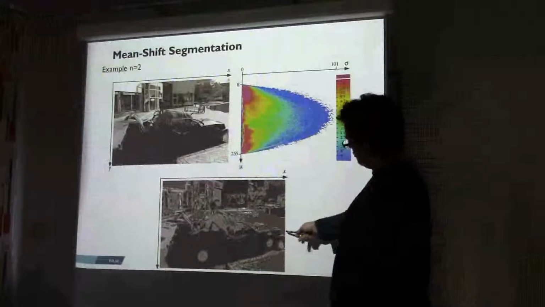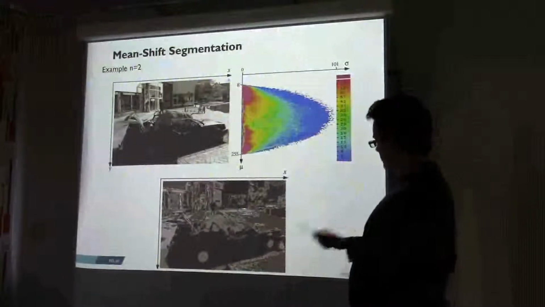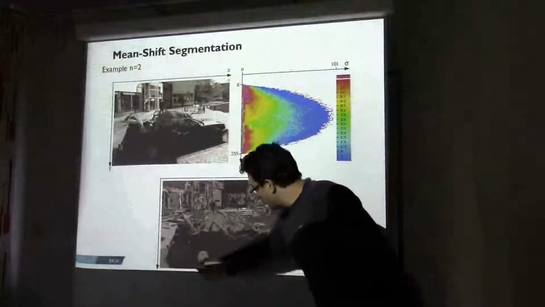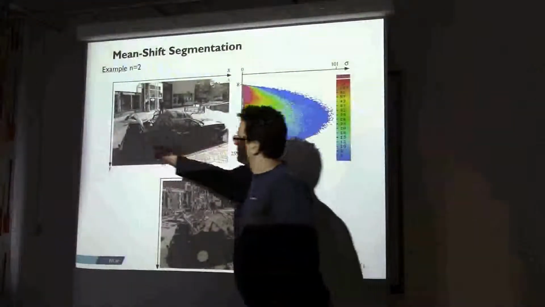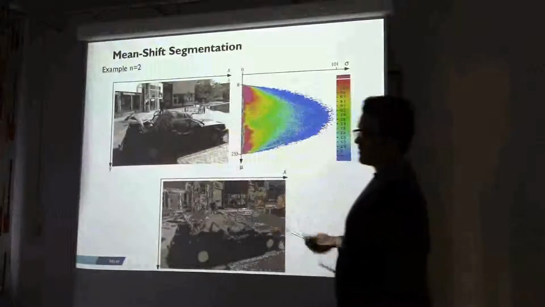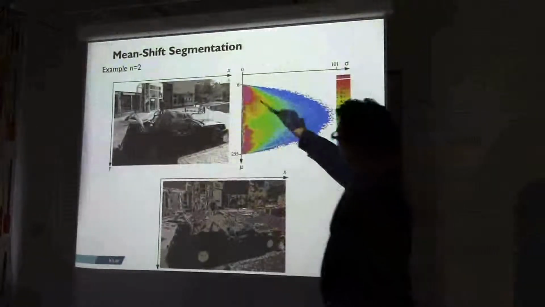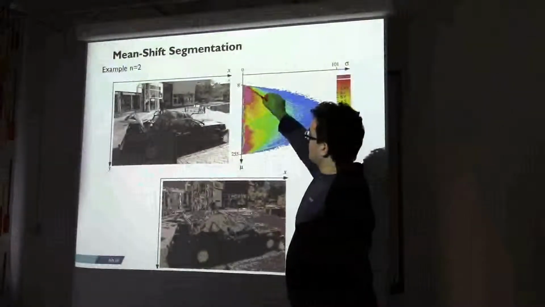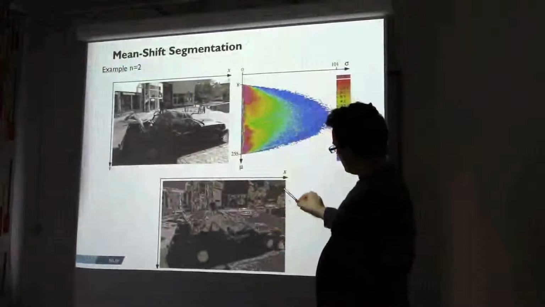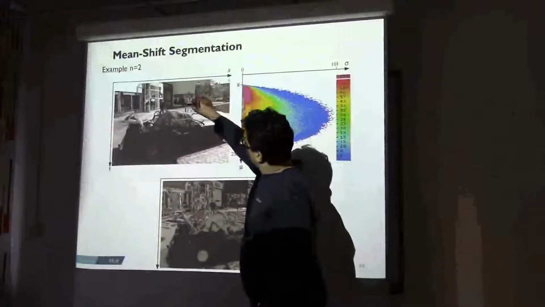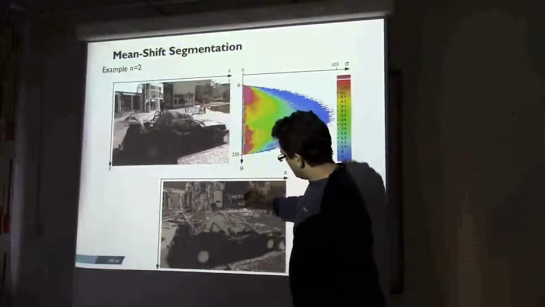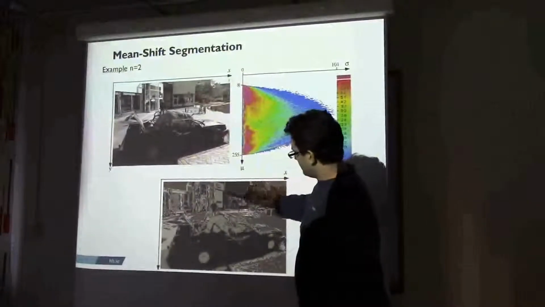This is what the results look like with this method. All these pixels are assigned to the same region because they have similar gray value. Probably they will belong to this region here. You also have this region here connected to this one because they have similar gray value.